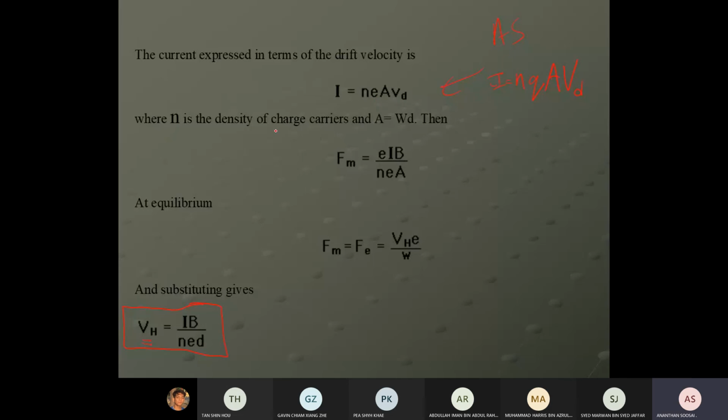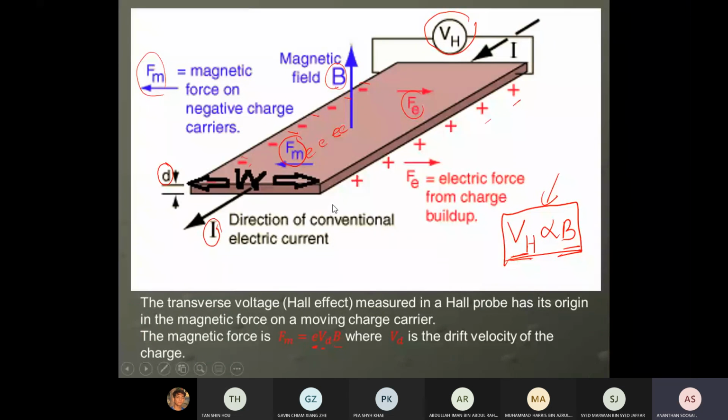The n is the charge density of the particles of the metal. A is what? A is the width times D. Sorry, W times D is your cross-sectional area.